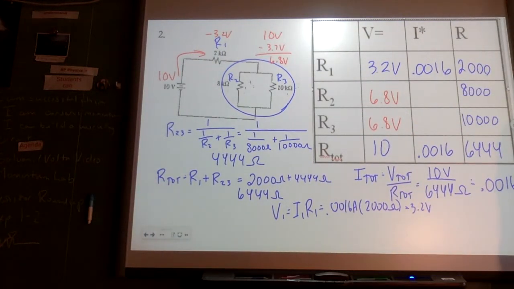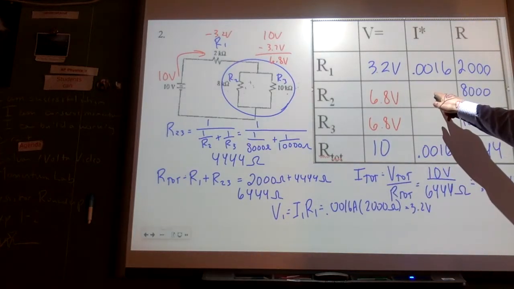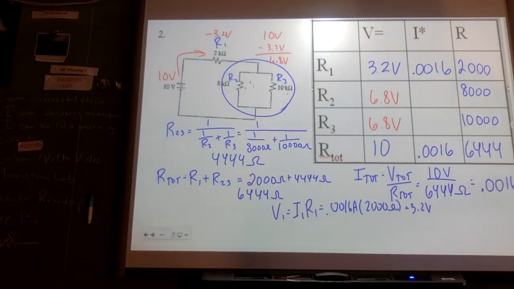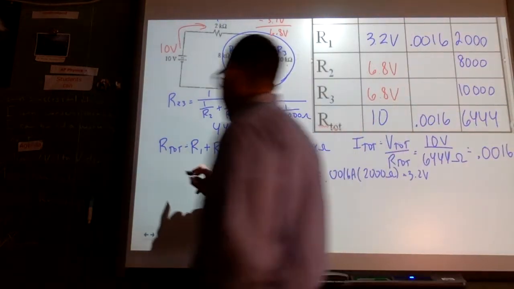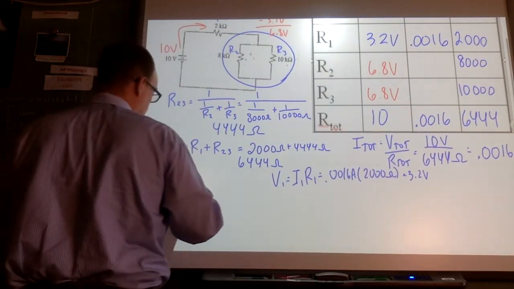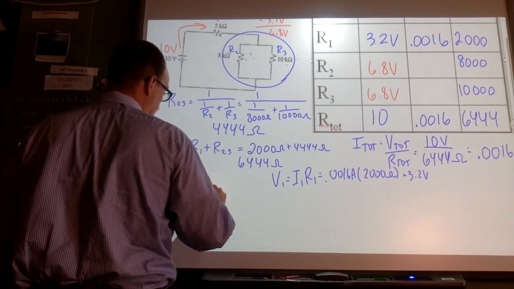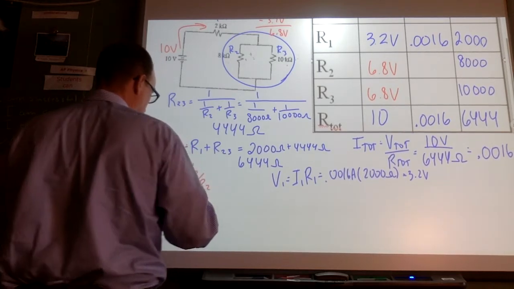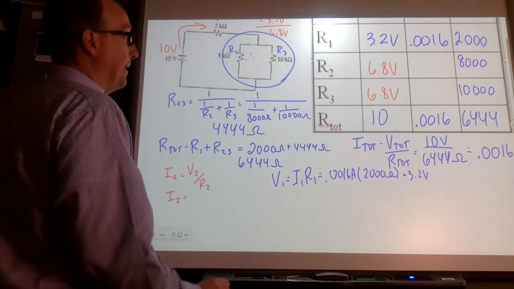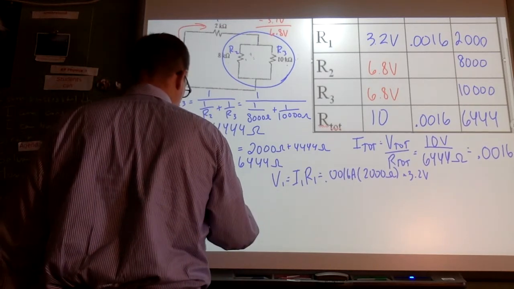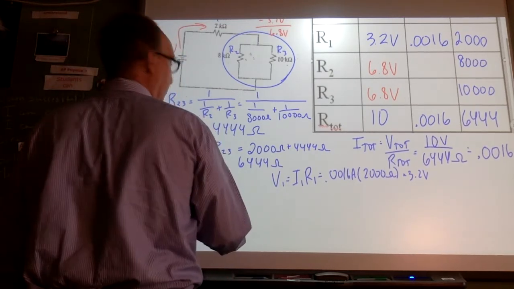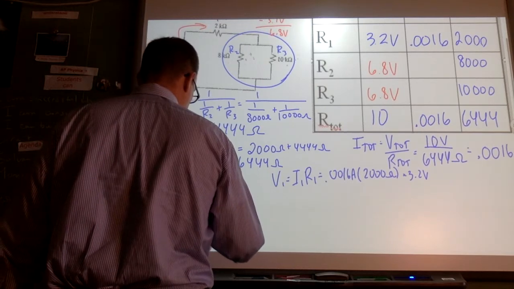And then it's going to be easy for me to get these missing currents now. So I can get I2. I can say that I2 is going to be V2 over R2. So I'm going to say that I2 is going to be 6.8 volts over 8,000 ohms.